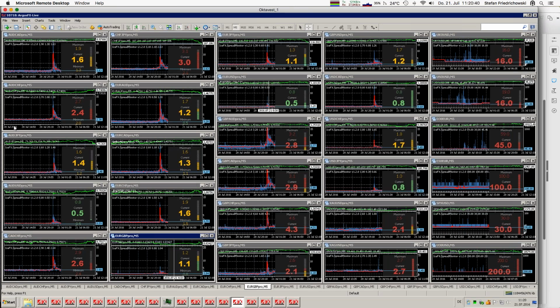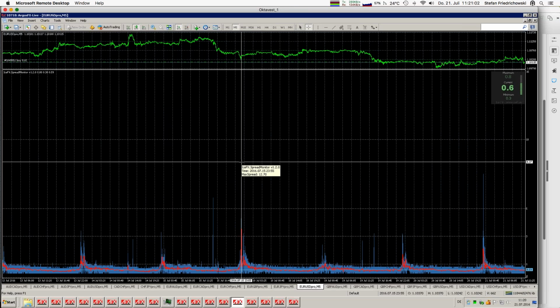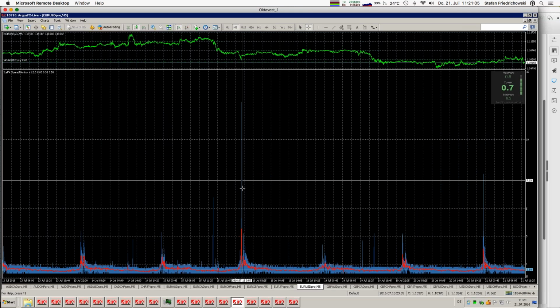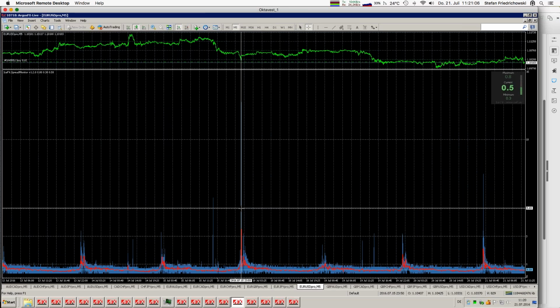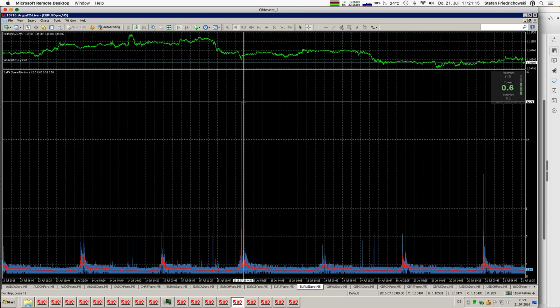So we have all the numbers here with the current spread, for example. Out of that current spread, we can have a look, for example, at this chart, and if I put the cursor across here, then you realize, okay, around midnight, spread values go up and sometimes even exceed enormous values.